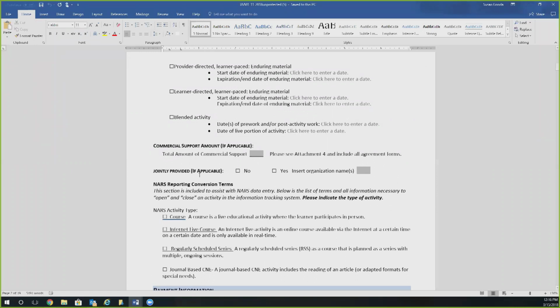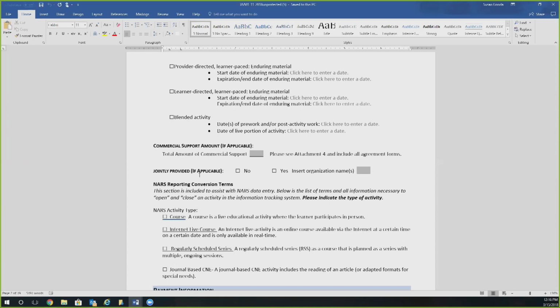and I have a great example here in Arizona. There we have the Arizona chapter for the NLN, and we have an Arizona Nurses Association chapter, ANA, and they jointly plan conferences pretty much every year.